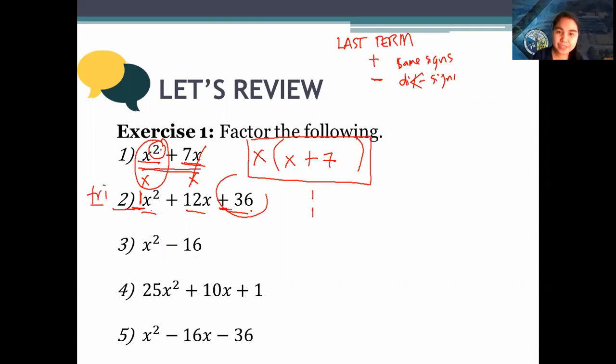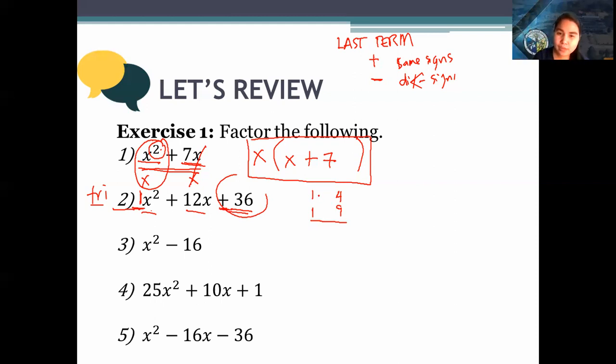Next, 36. What are the factors of 36? Let me have a guess first. 4 and 9. That's why it's called trial and error method, because we keep on trying until we get the correct answer. Next, we will do cross multiplication.